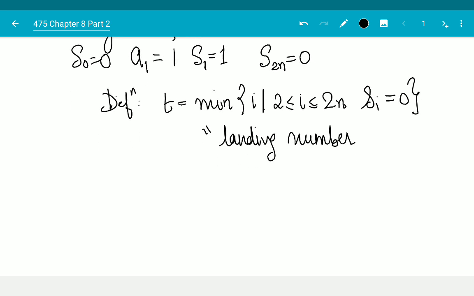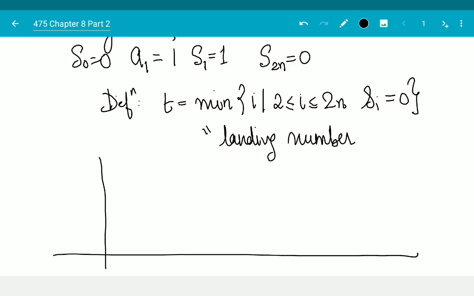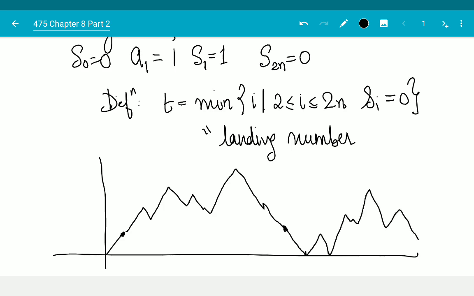And so visually, what does it look like? Here's my sequence 1, and then it's going to do some random nonsense, maybe go up and down. Then it will hit 1 again, come down to 0, and then it might do whatever it wants, go up, down, whatever. Just assume these peaks are also at level 1.